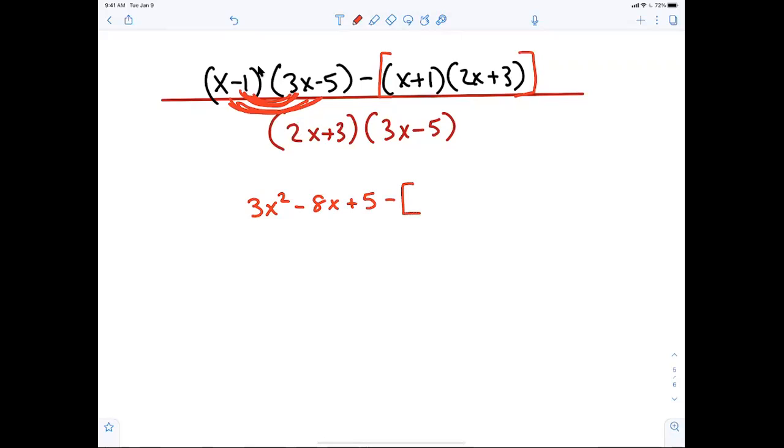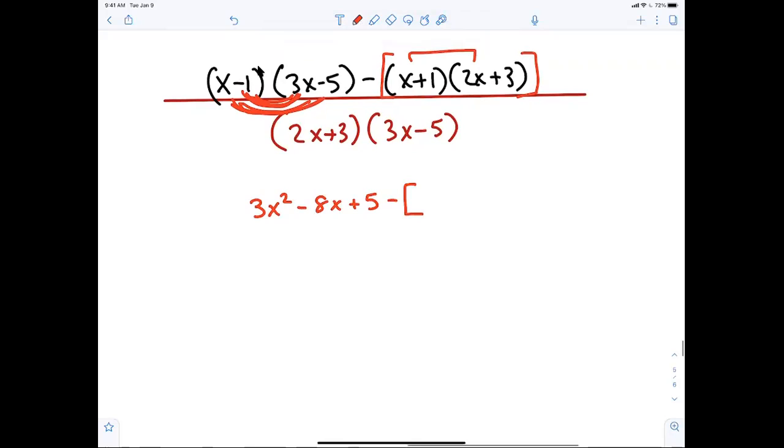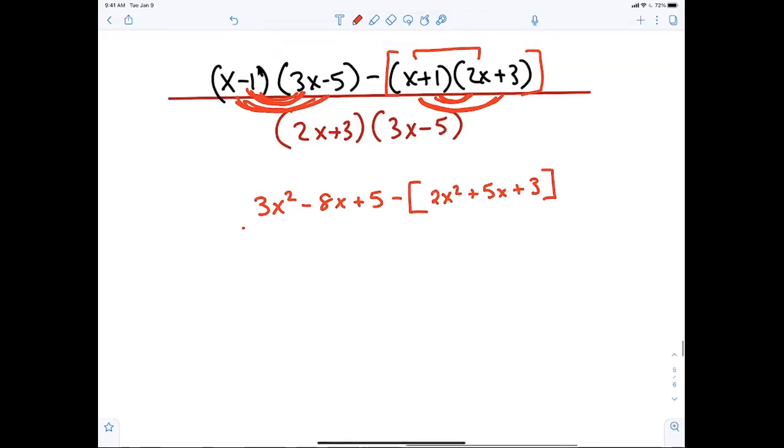Minus bracket x times 2x, 2x squared. And then how much here? 2x. And how much here? 3x, so altogether 5x. And then 3 times 1, plus 3, all over that same denominator.